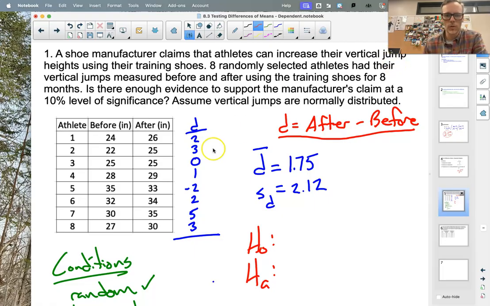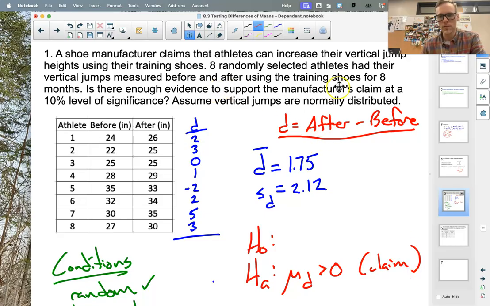So if they increased, what has to be true about the D's? That the mean of all the differences would be greater than 0. The claim is that it was an increase. We took after minus before, so the claim is that the population mean of the differences is greater than 0.